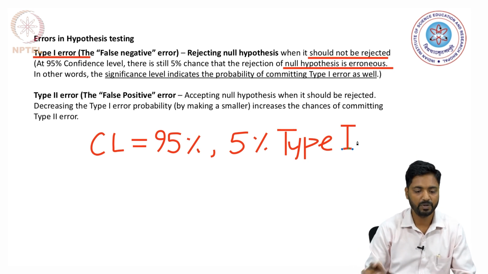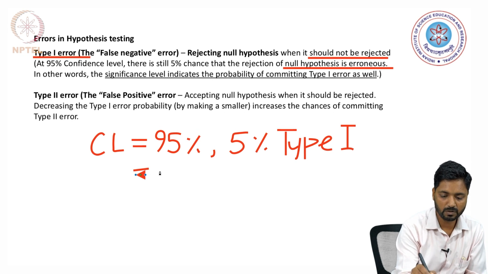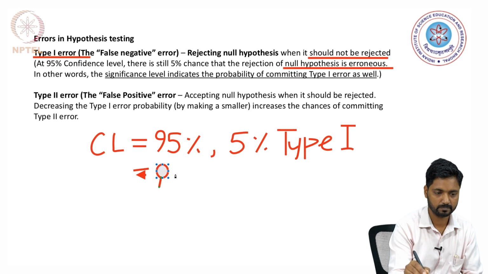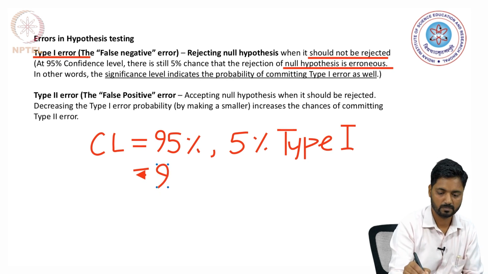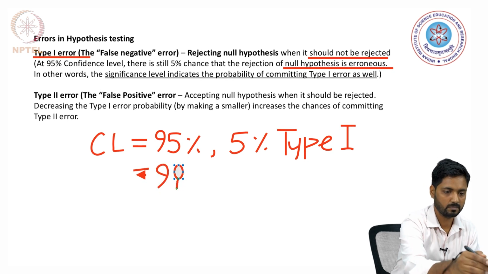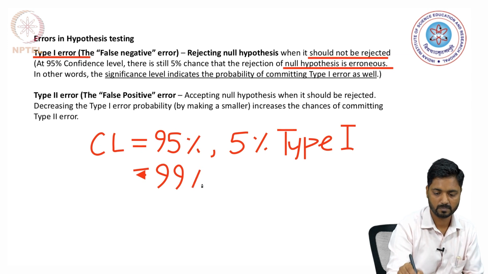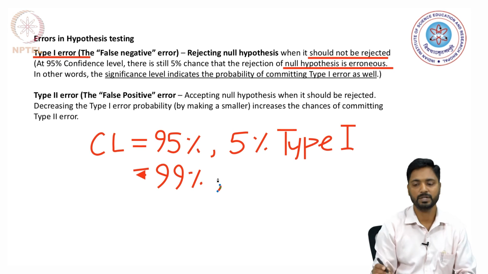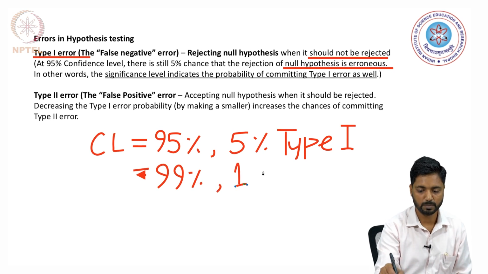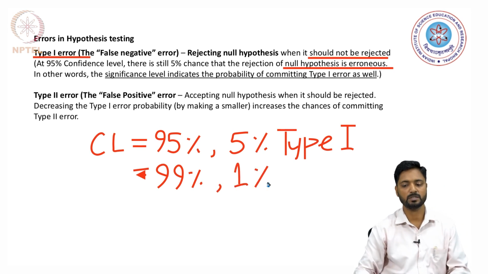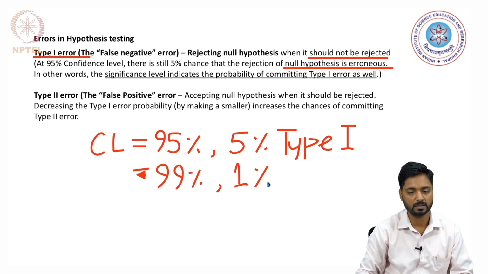However, if we increase the confidence level to 99%, we reduce this probability to 1% of making a type 1 error.